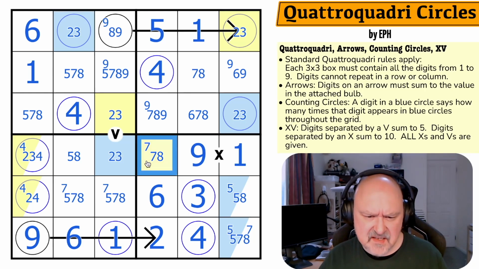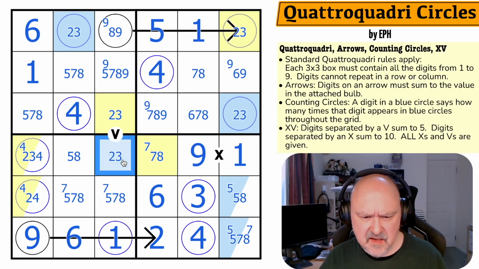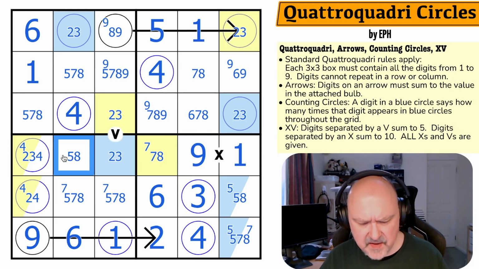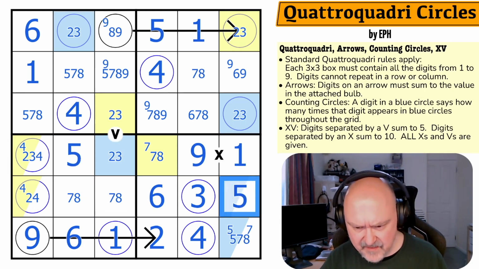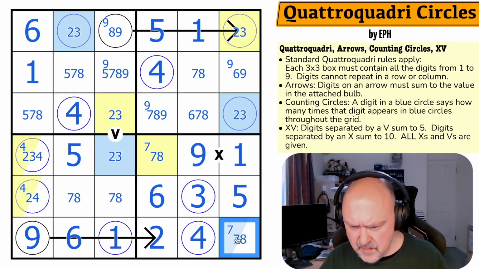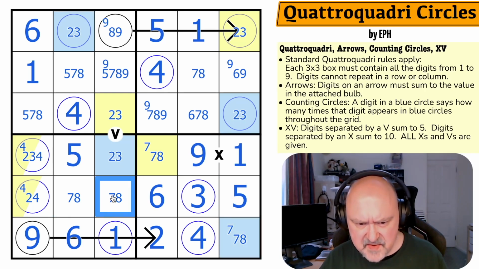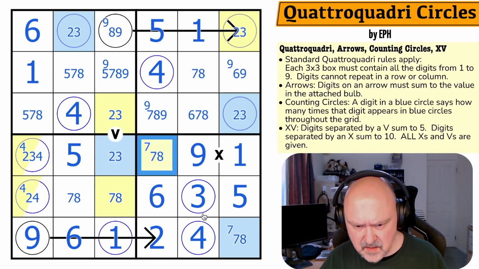If this is an 8, this would be a 7, and that could be neither 2 or 3. This has to be a 5. This becomes a 7-8 pair, making that a 5, making this a 7-8 pair. Which is the blue 7-8. This is the yellow 7-8 because it can't be next to blue. This is the blue 7-8.